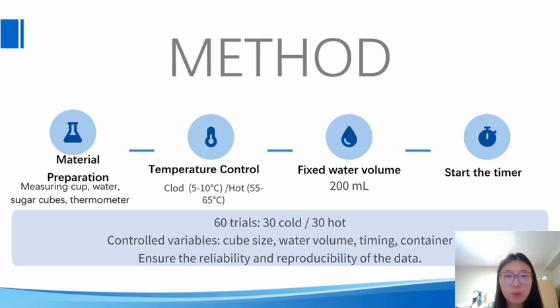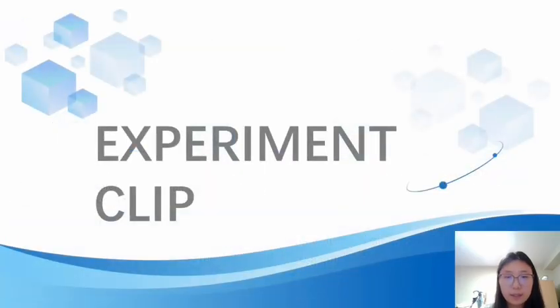All of the data were analyzed using descriptive statistics and an independent samples t-test. By controlling all of those conditions, I made sure that temperature was the only variable that changed. And here is a short demonstration clip showing part of the experiment procedure.